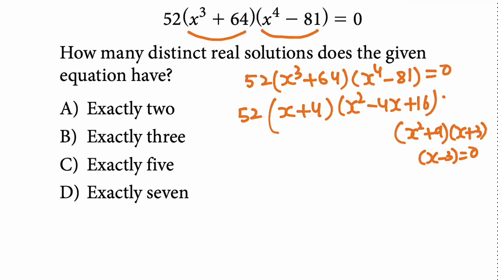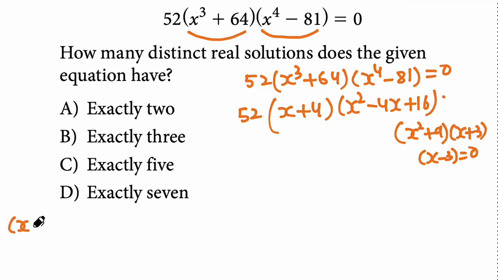We will apply the zero property and try to solve the question. That means putting every factor equal to 0. 52 is equal to 0? No, that is not the 0. Instead, initially you can divide both sides by 52 to get rid of this. And then we will not be writing this.